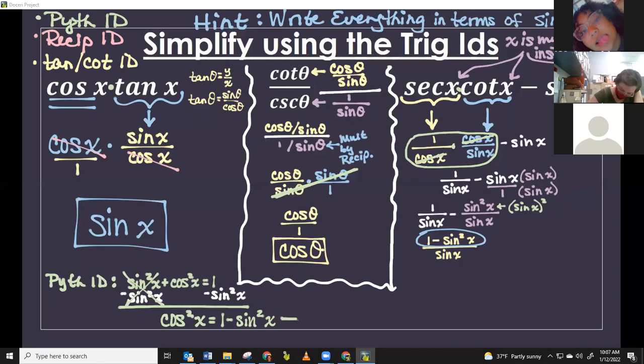So tell me how I could possibly use that idea here with this numerator. What can I do? Yes, I can take cosine squared x and substitute it in the place of that numerator where I've got that subtraction. So now I would have cosine squared x over sine x.